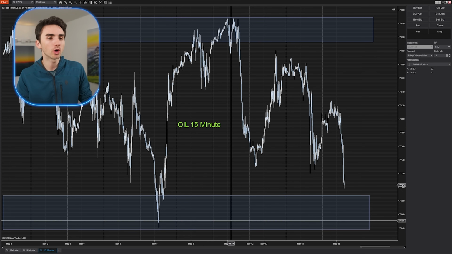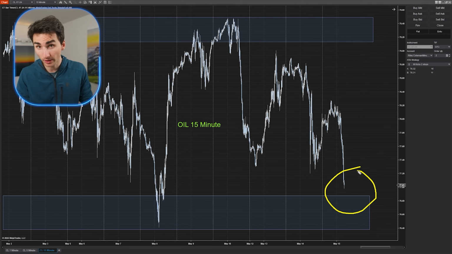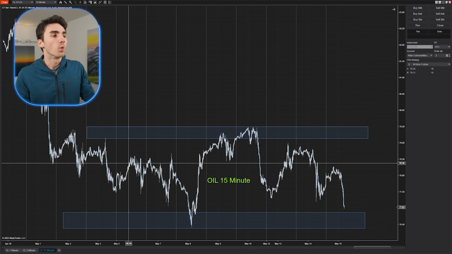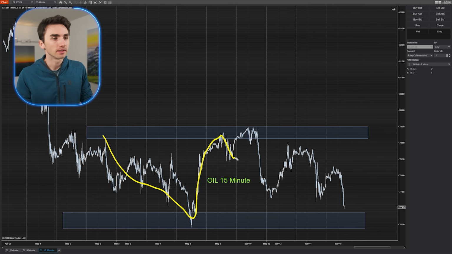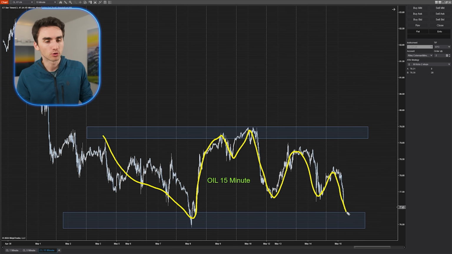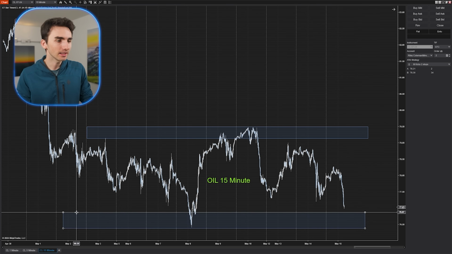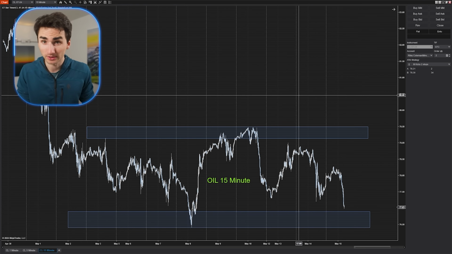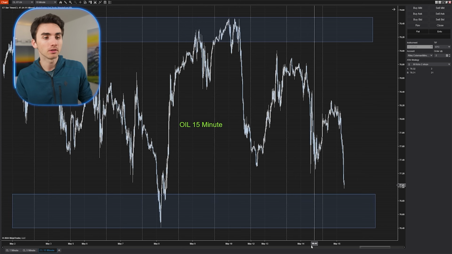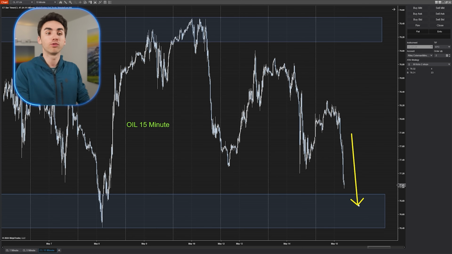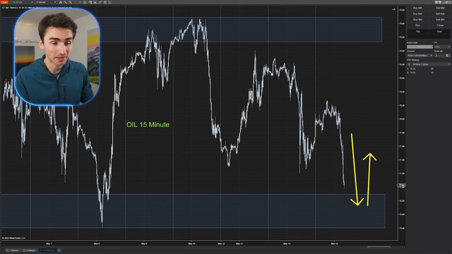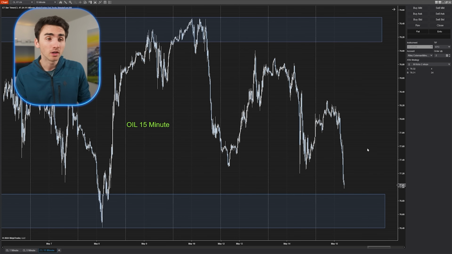Looking at this chart of oil right now, with the market currently trading right here, just looking at where it's previously bounced, these zones I'm drawing are areas where I think the market could bounce again. When it comes down to this level, I'm going to look for a potential reversal. That's all I do, I look for reversal trades, because I've found that they give you way better profitability over the long run.